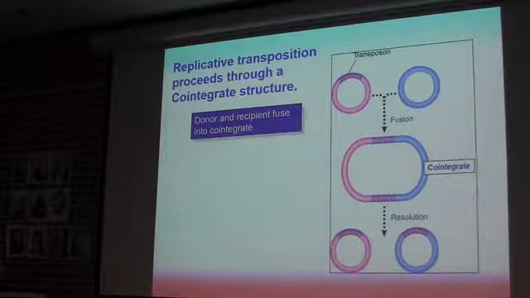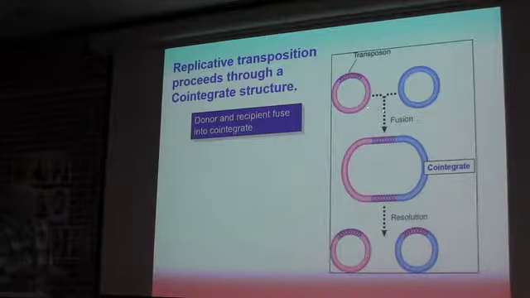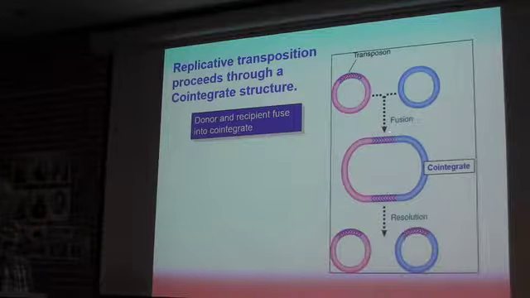Let's go and look at some of the issues or complications of replicative transposition. It proceeds through a co-integrate structure. Only replicative transposition has this, where before it gets resolved, you have both the target and the donor attached to each other in this large co-integrate molecule.